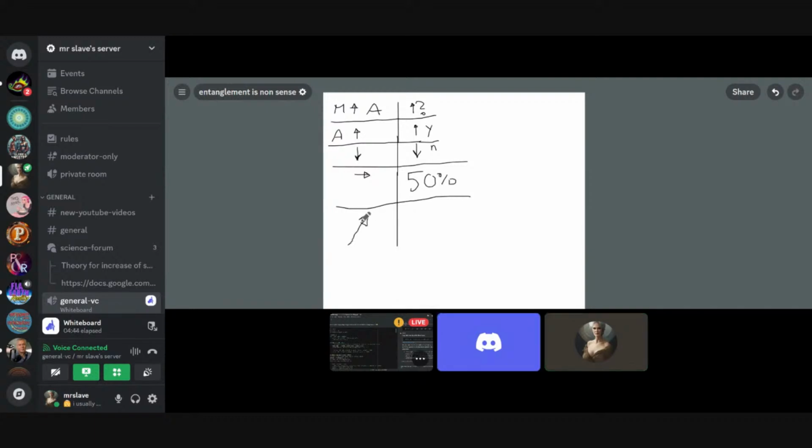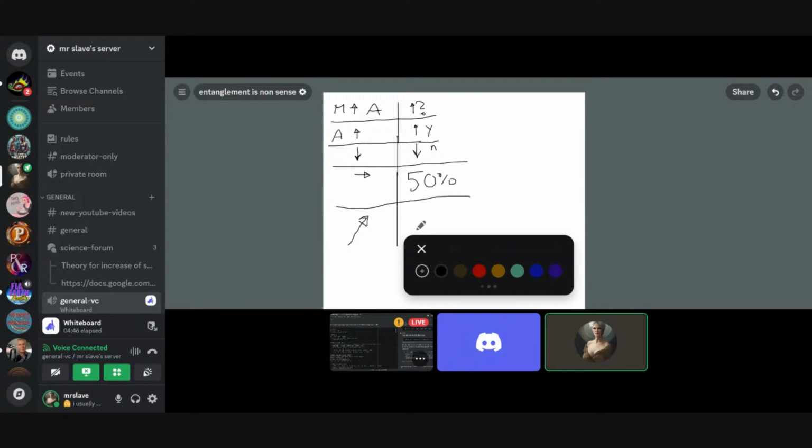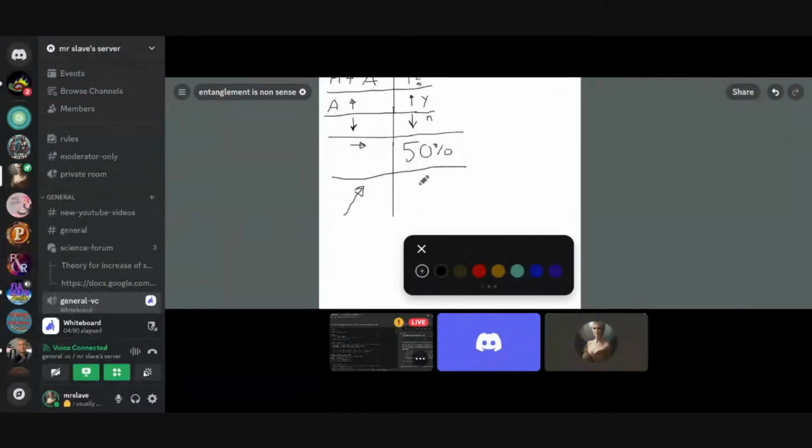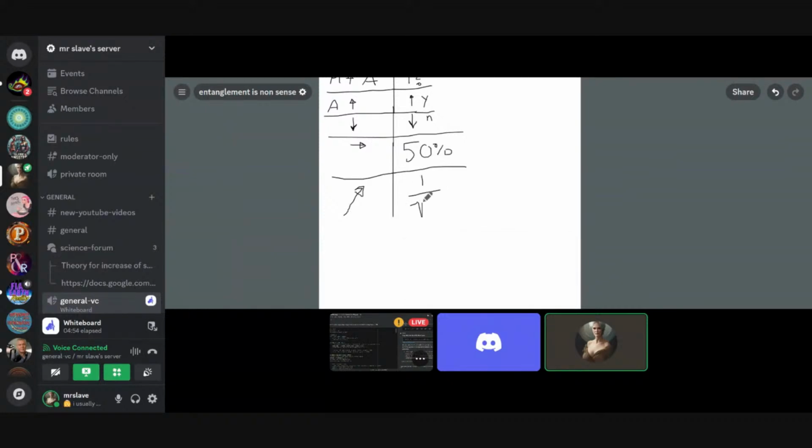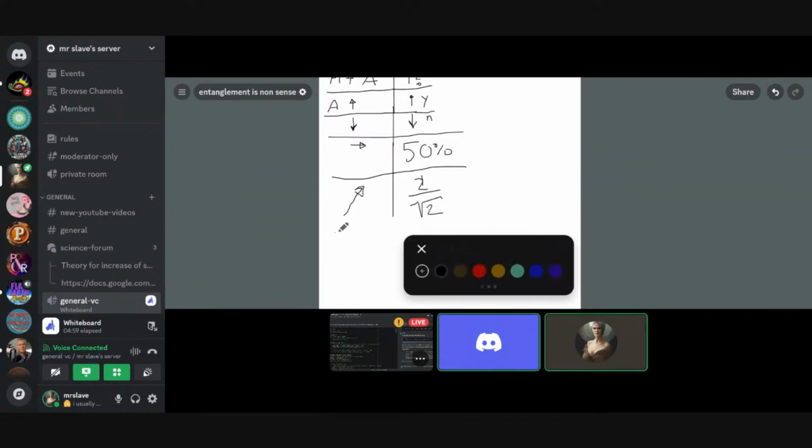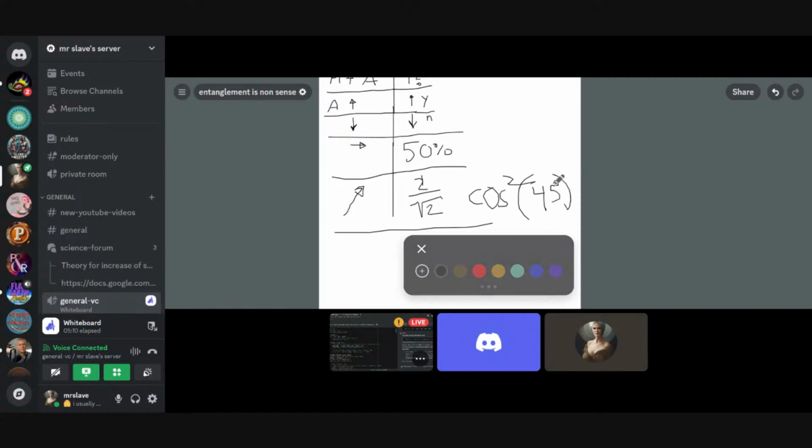But it happens to not be. It's the cosine squared of the angle of 45 degrees. So 45 degrees, I think, is 1 over square root of 2, some number.